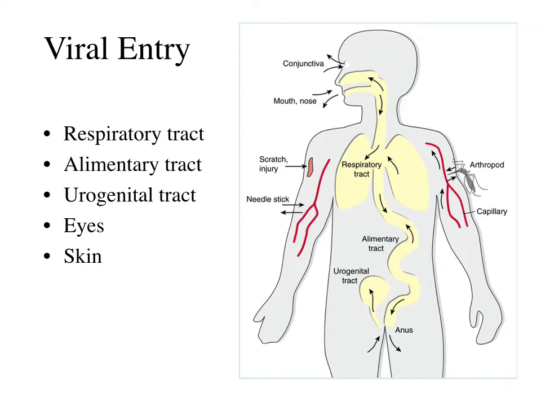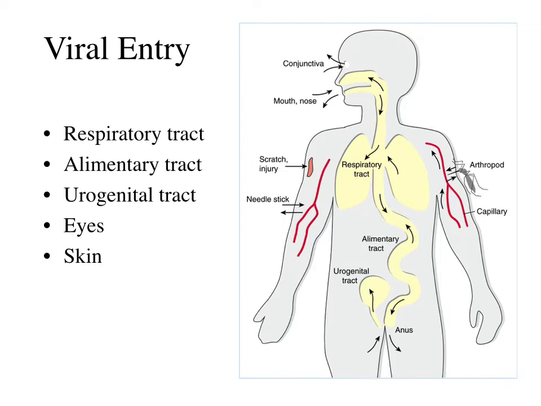Okay, then we have other modes of entry too. Often viruses can enter through the urogenital tract as a result of sexual activity. We do have physical barriers though, mucus and low pH, for instance. But small tears or abrasions in the epithelium can provide a route of entry.